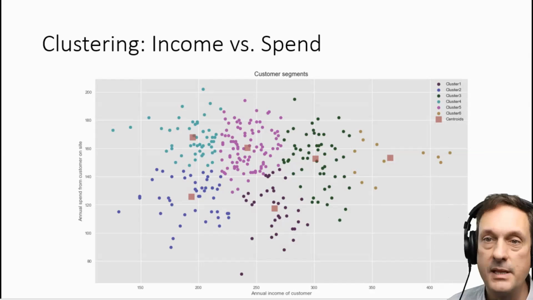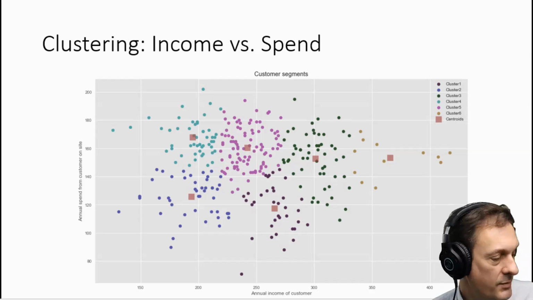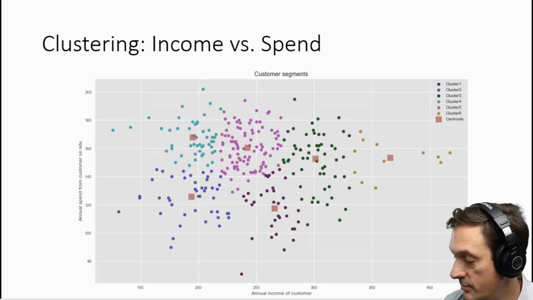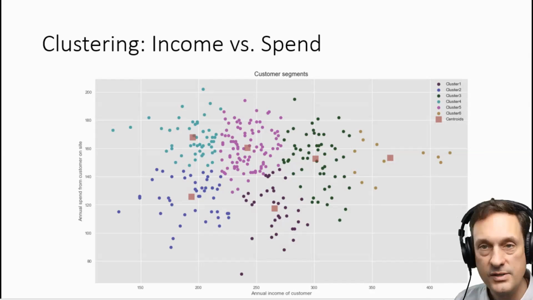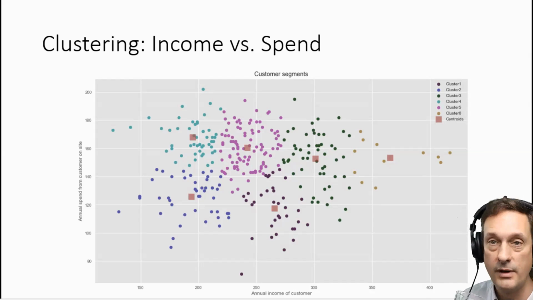But it is something that people do because they go, right, I've looked at my mobile people. I've looked at my Malaysia versus Singapore. I've looked at my genders. I've looked at my ages. I've looked at everything. We're doing pretty much the same business all across the board. I need some help. And so you can go to segmentation, clustering, and that can pull out and find you new segments.